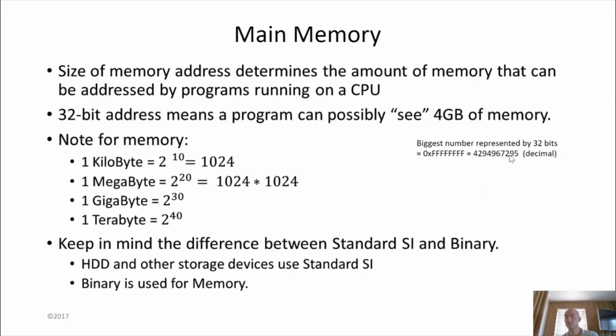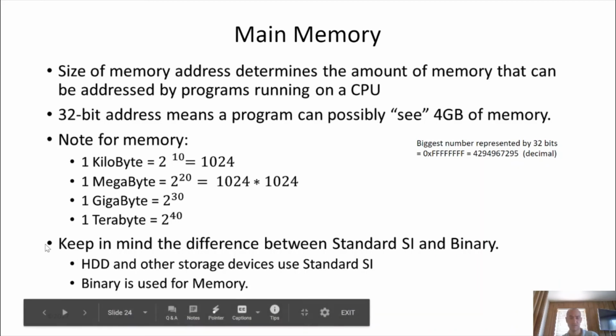So if you take this number and divide it by 1024 to make it kilobytes, and then again by 1024 to make it megabytes, and one more time by 1024 to get gigabytes, that's roughly 4 GB. So with a 32-bit address, you can refer to 4 GB of memory.